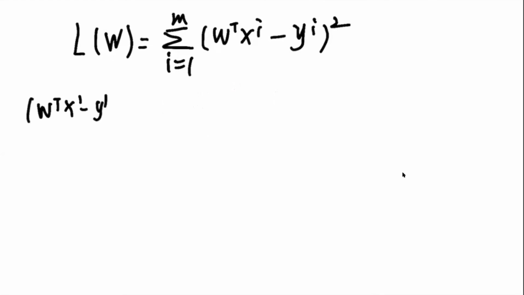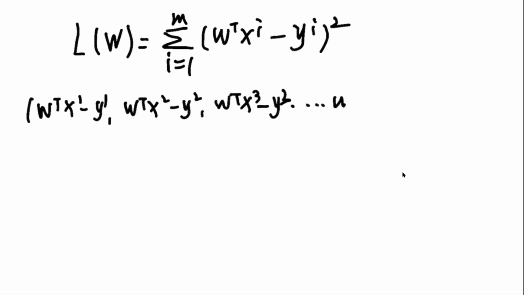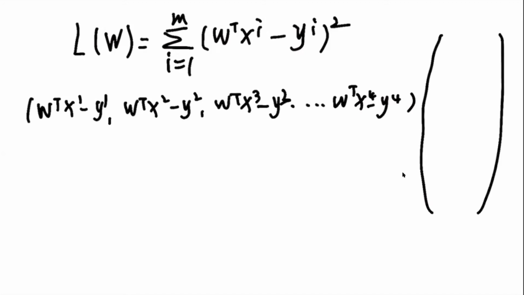This is the first element, and then W transpose X2 minus Y2, W transpose X3 minus Y3, W transpose X4 minus Y4. And then this is the row vector, multiplied by its transpose: W transpose X1 minus Y1, and the second is W transpose X2 minus Y2.